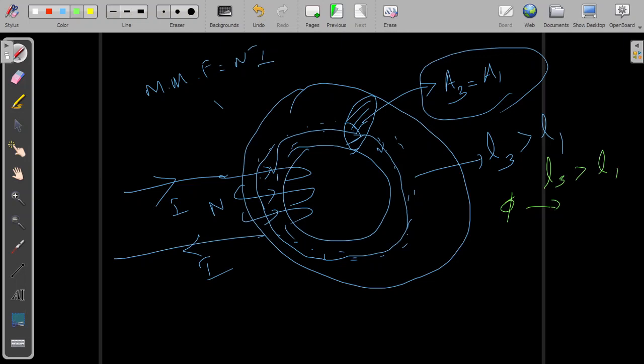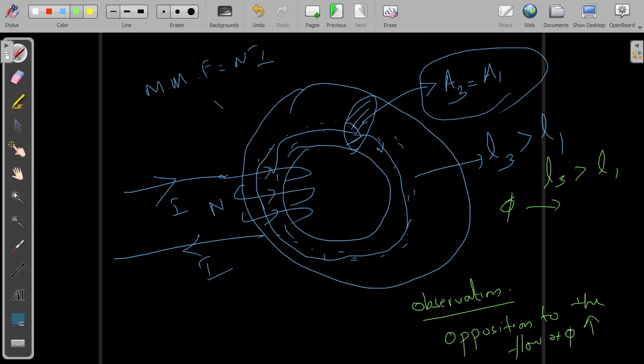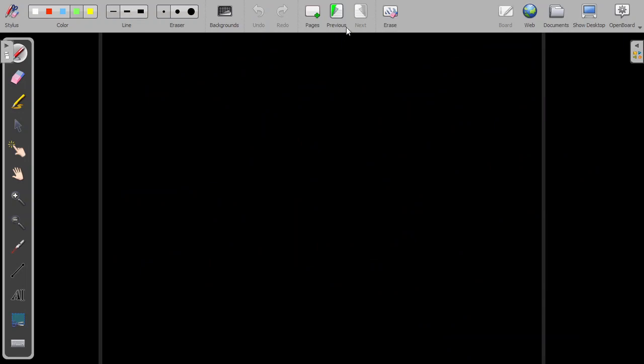So our observation is that the opposition to the flow of phi got increased. This is our observation. I'm concluding our observations.